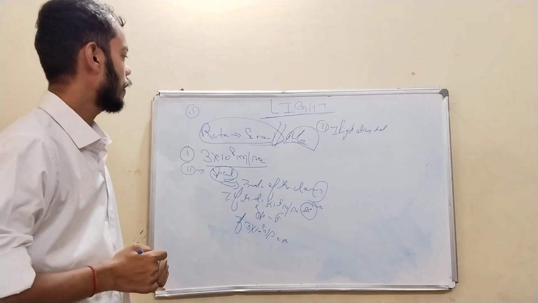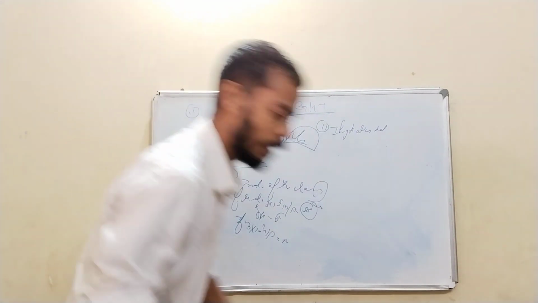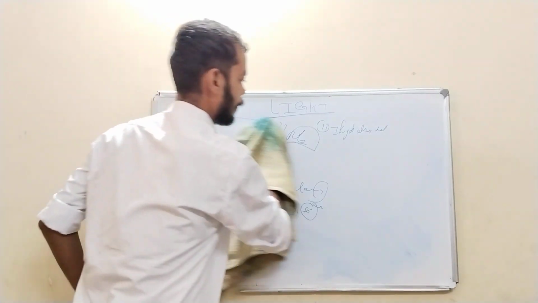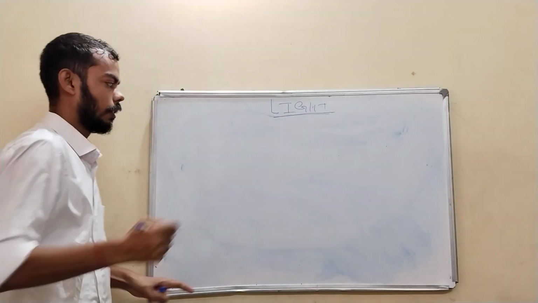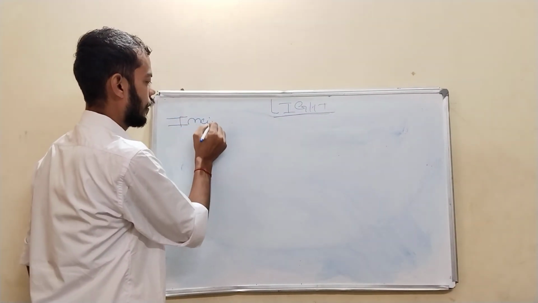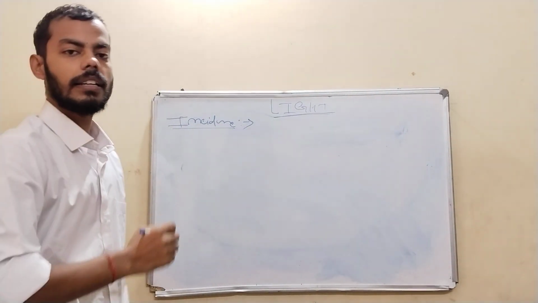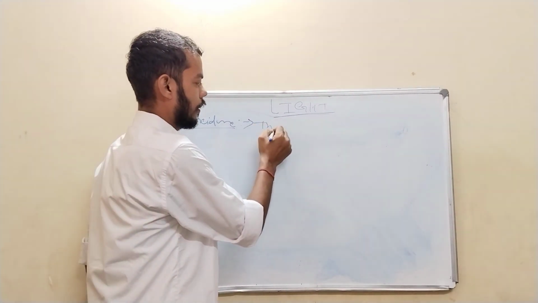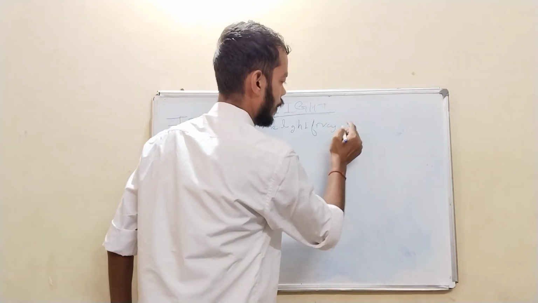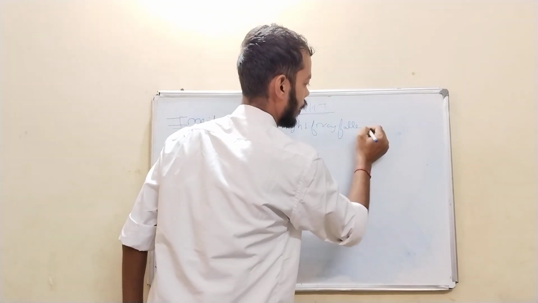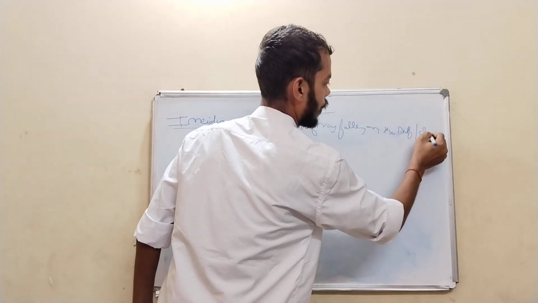Now let me discuss what is reflection, what is incidence. So let me erase first. Let's see what is incidence. Incidence is defined as the light ray falling on the surface, or you can say object.